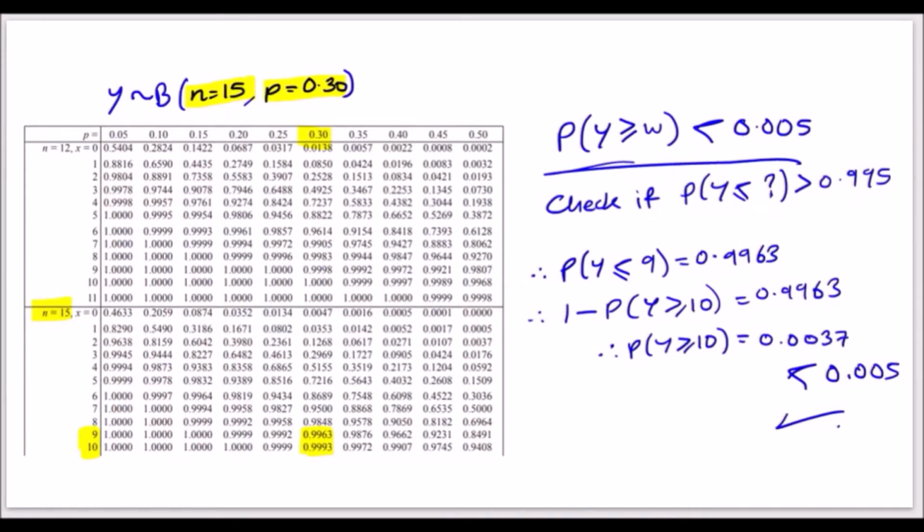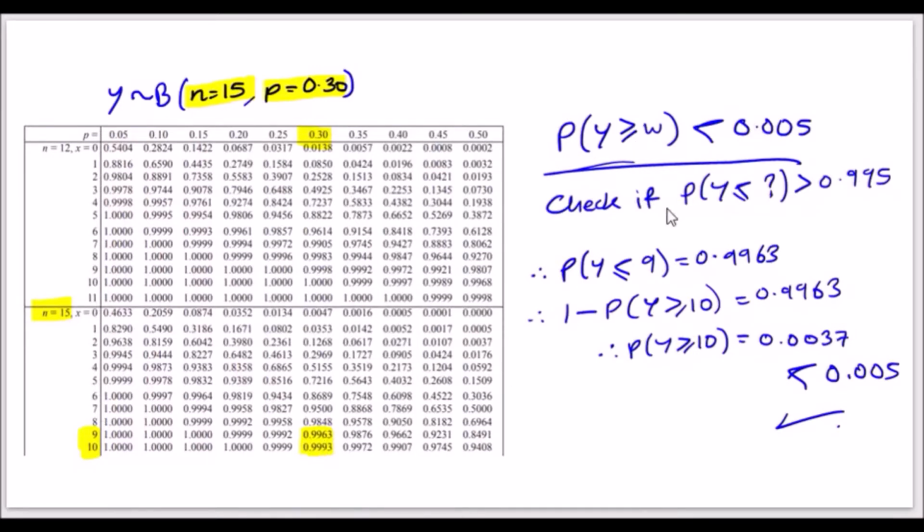For the binomial table, all we care about is n equals 15 and probability 0.30. Now we just need to find the final 0.005 or 0.5%. Because it's on the right side, we're looking at the final 0.5% before it hits 1. That's why I highlighted these two values.